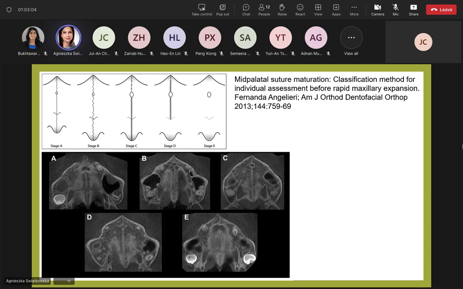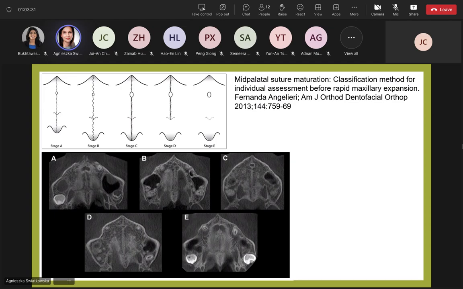That's why we should estimate the maturation of this palatal suture. Stage A, B is typical for the patients before intensive growth. So it's for a rather younger patient, about 11, 12 years old.